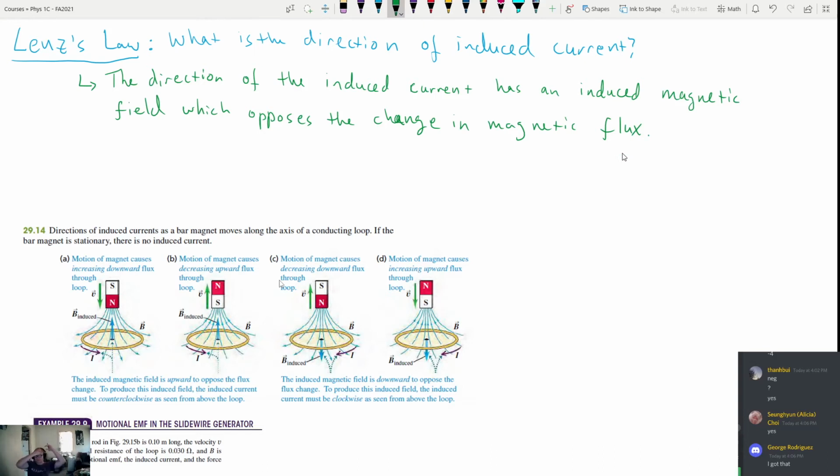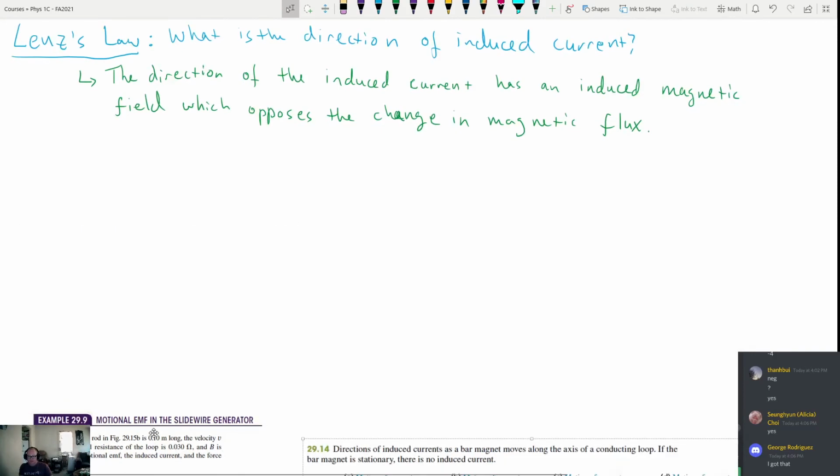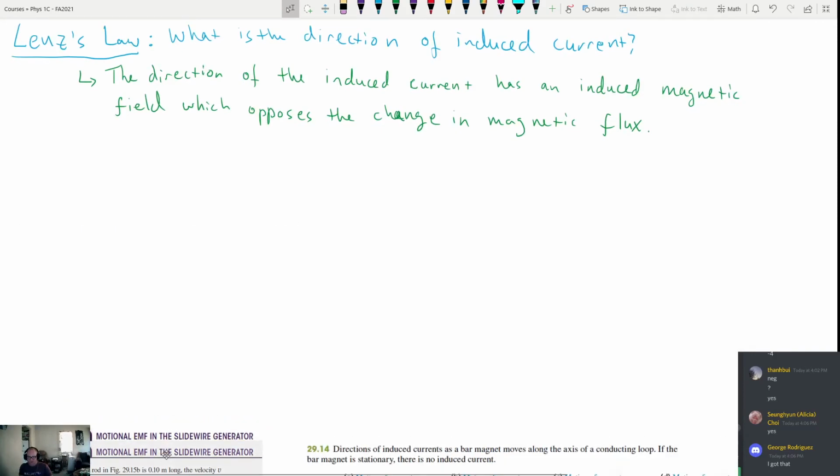Okay, that's what Lenz's law says. It says the direction of the induced current has an induced magnetic field which opposes the change in magnetic flux. So this picture's pretty good, but let me give you some examples first of how you do this.